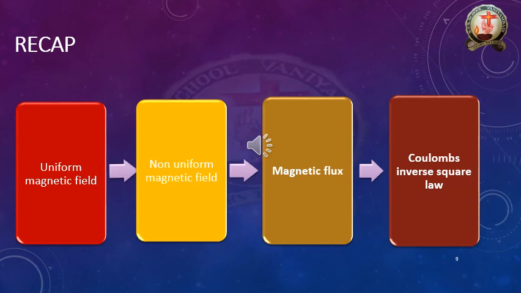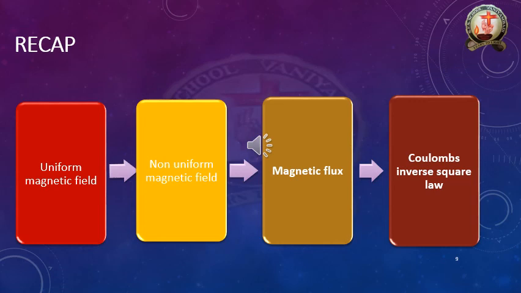And the last one is Coulomb's inverse square law. What I told: the force of attraction or repulsion is directly proportional to the product of the pole strengths of the magnets, and inversely proportional to the square of the distance between the two magnets.